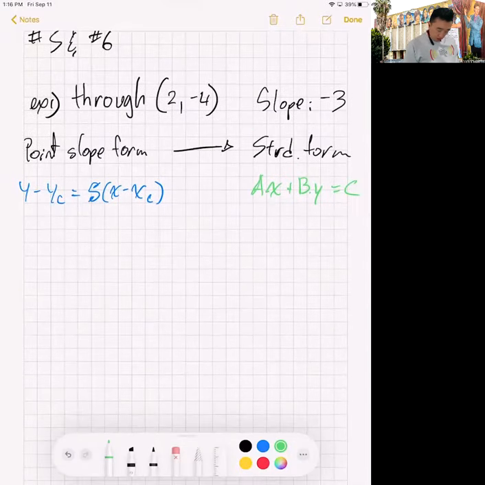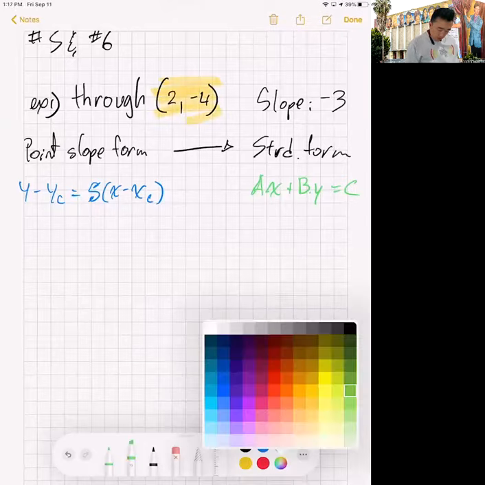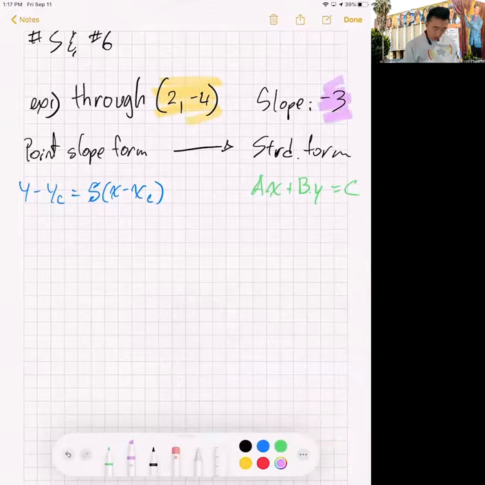So we are going to take this information right here, and we're going to take this information, and we're going to plug it in here, and then we're going to plug it in here. Okay?